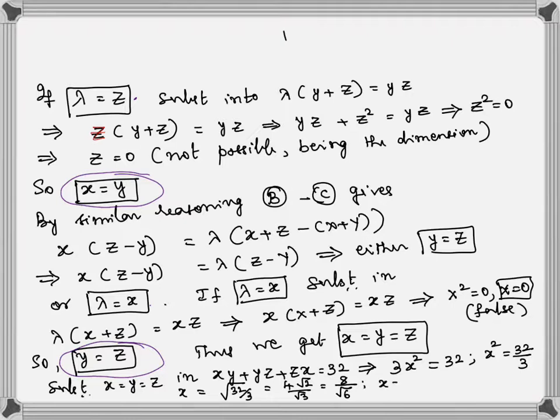Multiplying numerator and denominator by square root of 2, we get 8 over square root of 6. So x equal to y equal to z equal to 8 over square root of 6 centimeter. They are the dimensions. So all the dimensions of the box are the same, equal to 8 over square root of 6 centimeter each.